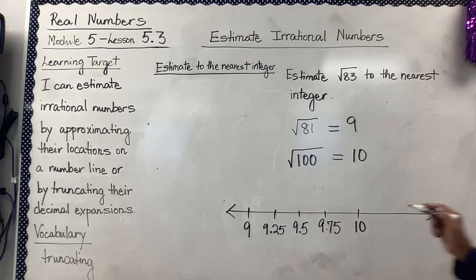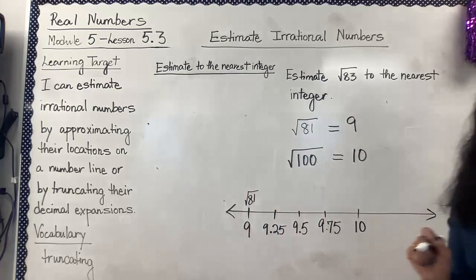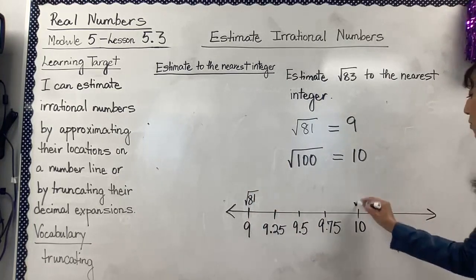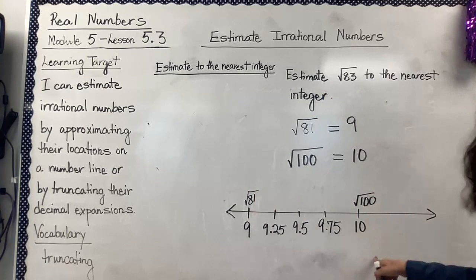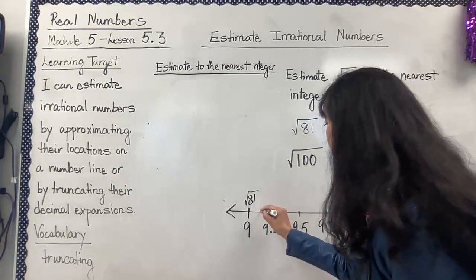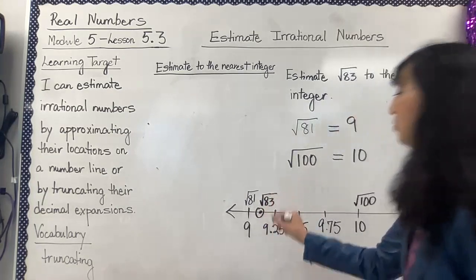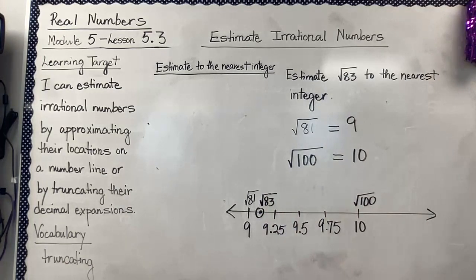Now I know that square root of 81 is going to give me 9, and square root of 100 is going to give me 10. So if I have square root of 83, it's going to be here. Now I just wanted to show this to you on the number line, and now we are going to estimate the square root.